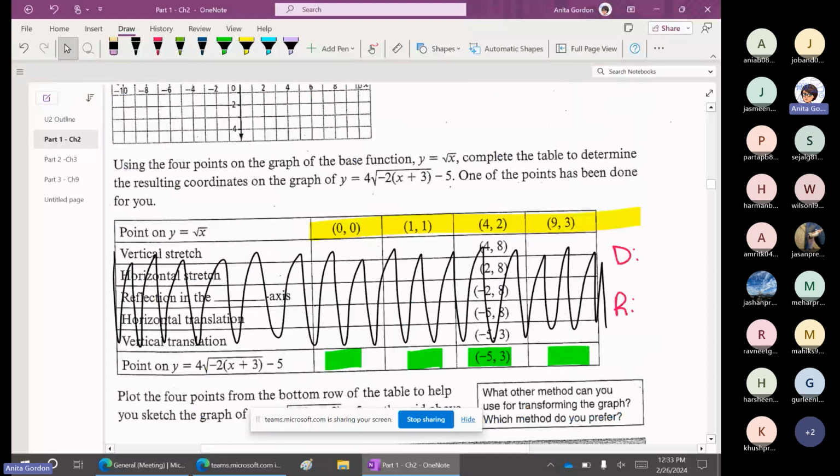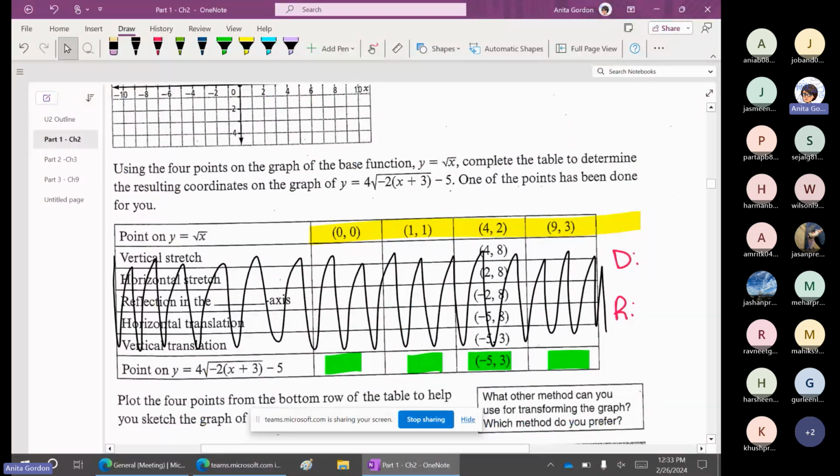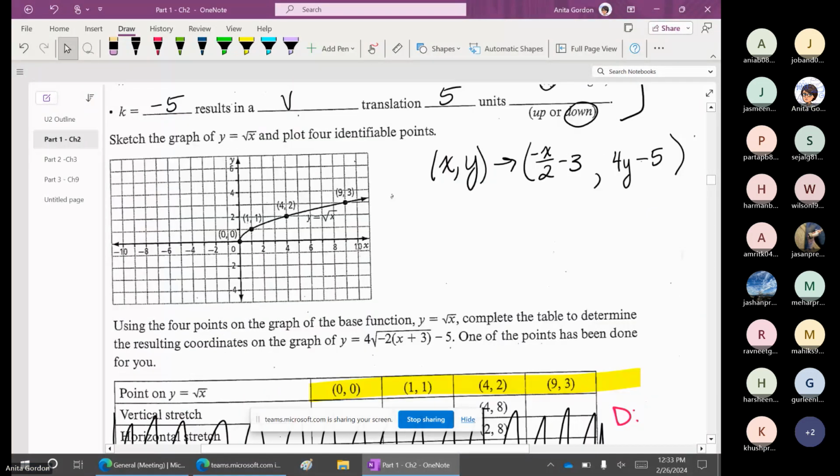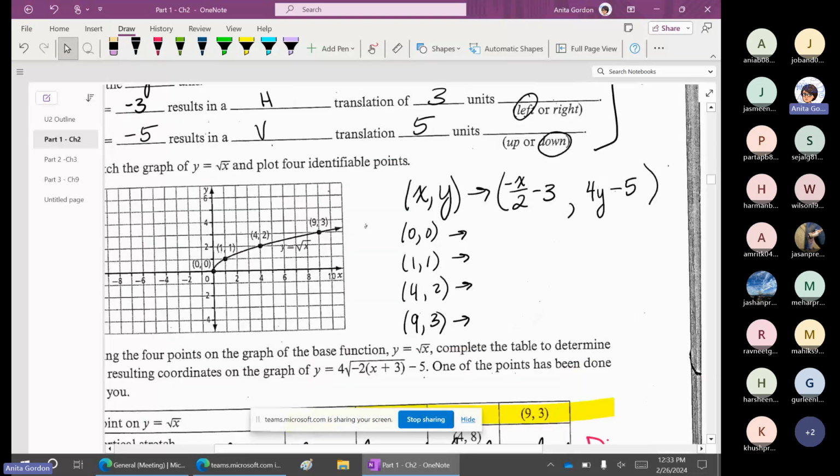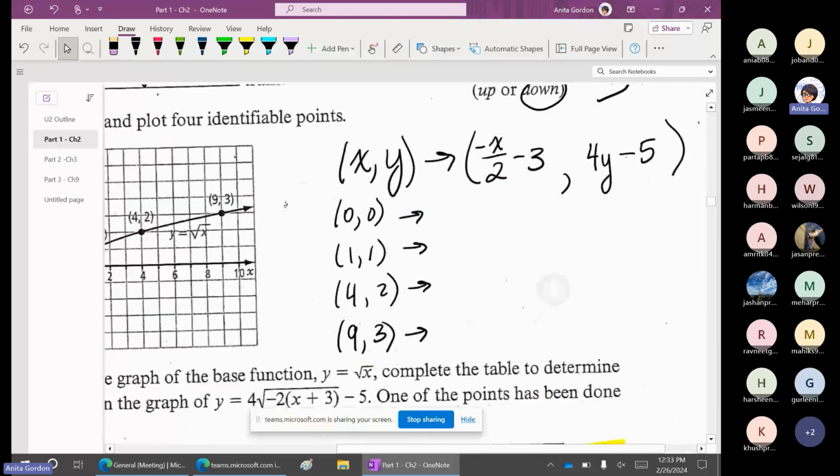Okay, so essentially the first 4 key points, what are they getting mapped to? So this time around, I want the ugly coordinates because we're not going to draw it. I just want the coordinates.